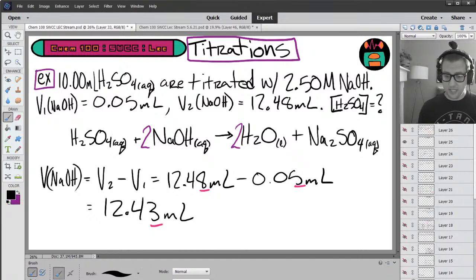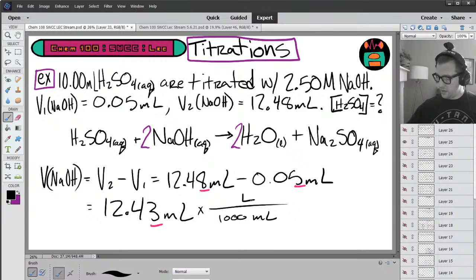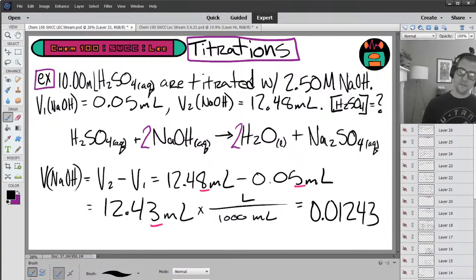Next, I need to convert this to liters. So we put milliliters in the denominator, liters in the numerator. So my volume of sodium hydroxide is 0.01243 liters.